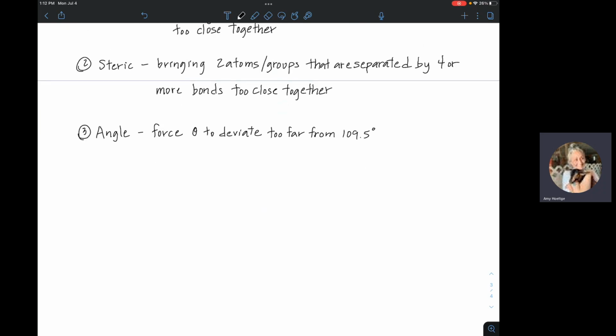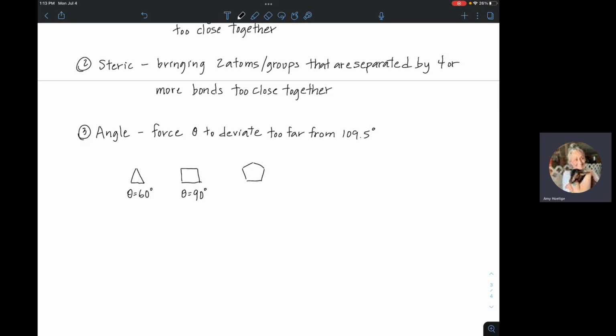If you go ahead and build these cyclic alkanes, so in this case, theta obviously is 60 degrees. In this case, it's 90 degrees. In this case, look how it changes a little bit as we get bigger.